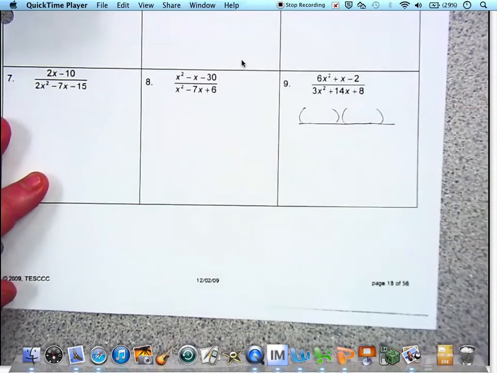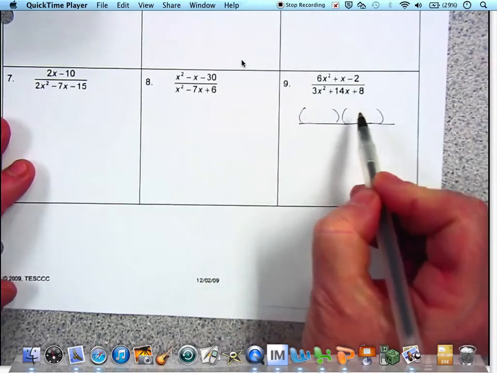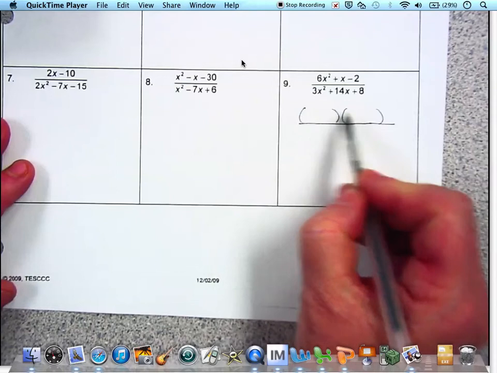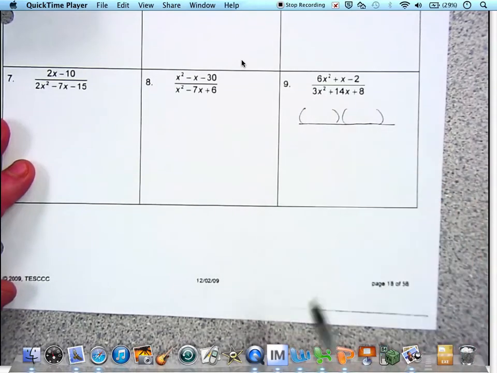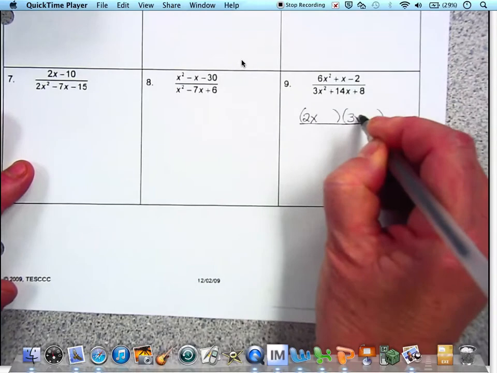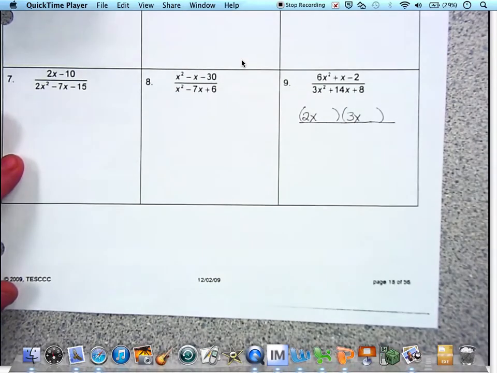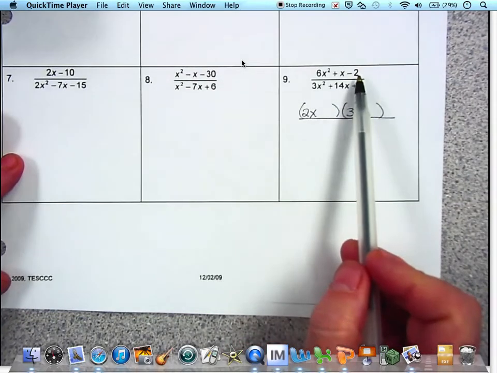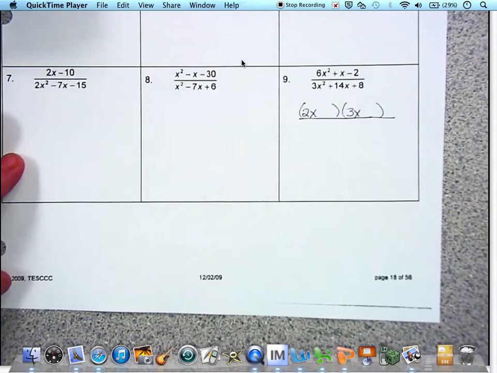You could do 2x times 3x, or 1x and 6x, x times 6x, or 6x times x. So let's start with 2x times 3x, and then we may have to erase. All right, then what about the 2? What would you multiply to get 2? 1 and 2, or 2 and 1, right?